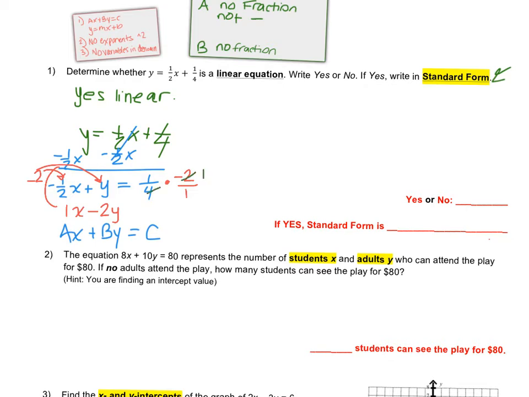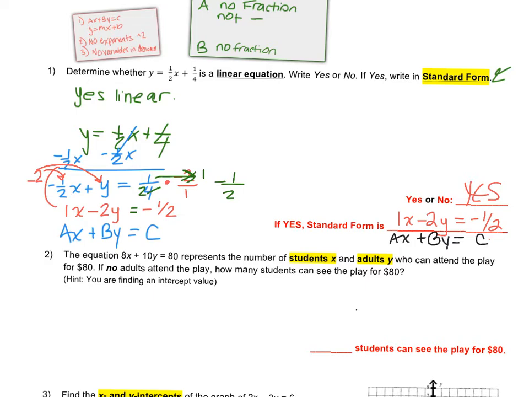So you could think to yourself, 2 goes into itself once, 2 goes into 4 twice. So I get -1/2. And so my equation is 1x minus 2y is equal to -1/2. That is the ax plus by is equal to c format.